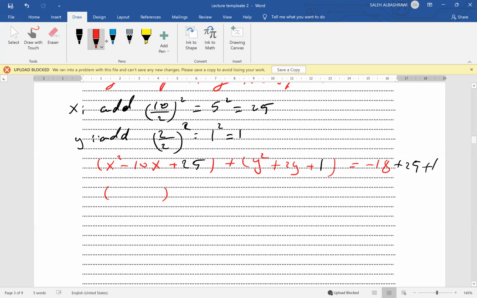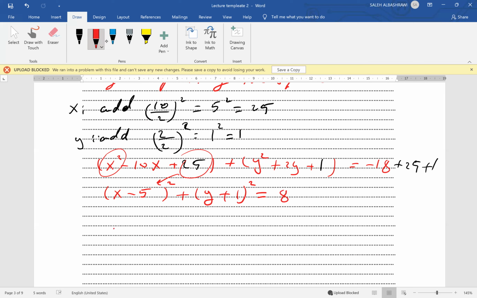For the first one, it is x minus 5 to power 2. Square root of x squared, square root of 25, and the middle sign is minus, so it is x minus 5 to power 2 plus, for the second bracket, y plus 1 to power 2 equal to minus 18 plus 25 plus 1, or minus 18 plus 26, which will give me 8.